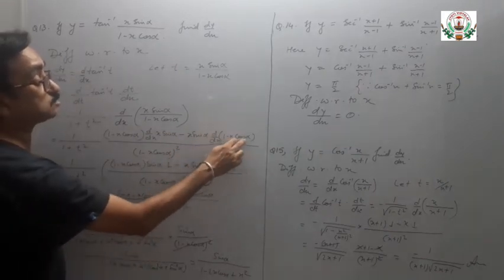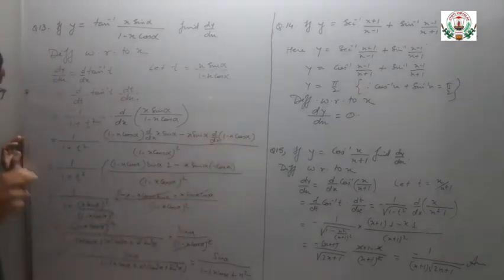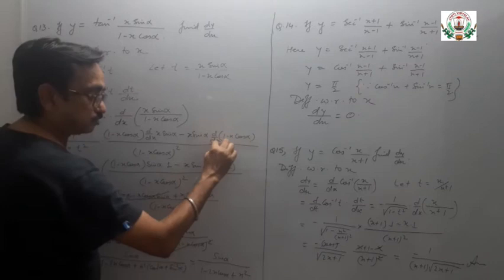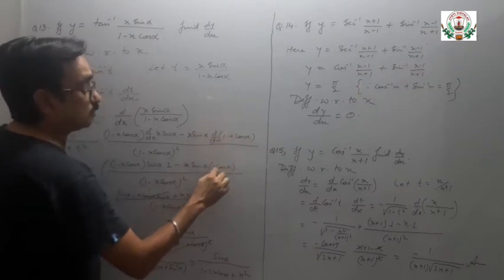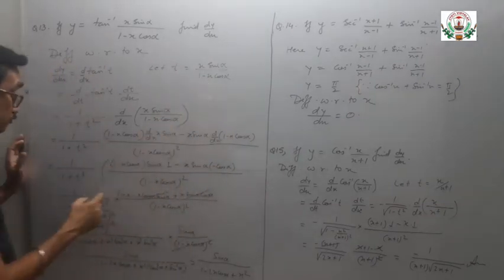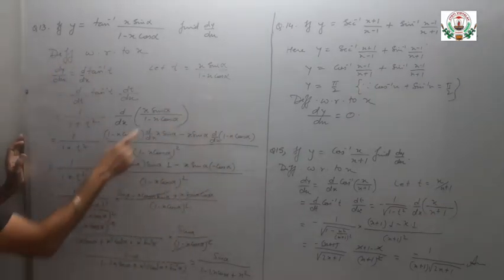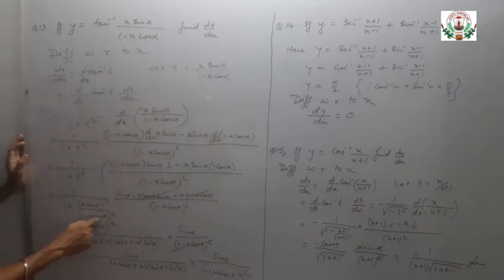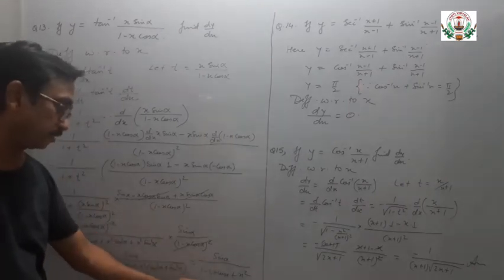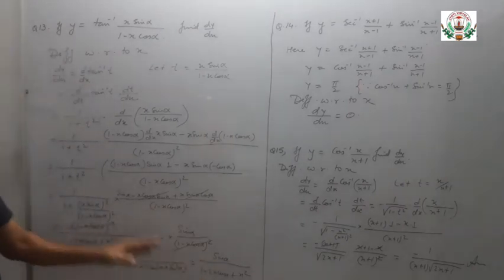In the same way, x cos alpha, here cos alpha is a constant coefficient of x. So cos alpha को बाहर ले लेंगे differentiation के, so cos alpha d by dx of minus of x, minus 1, so it becomes minus cos alpha. After opening the brackets and substituting the value of t, here x sin alpha the whole square upon 1 minus x cos alpha the whole square. After simplification, we get the final answer: sin alpha upon 1 minus 2x cos alpha plus x square.